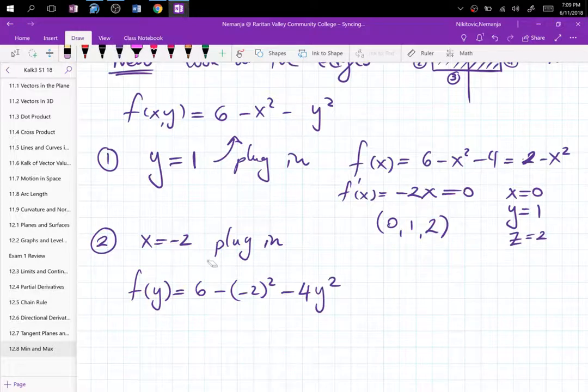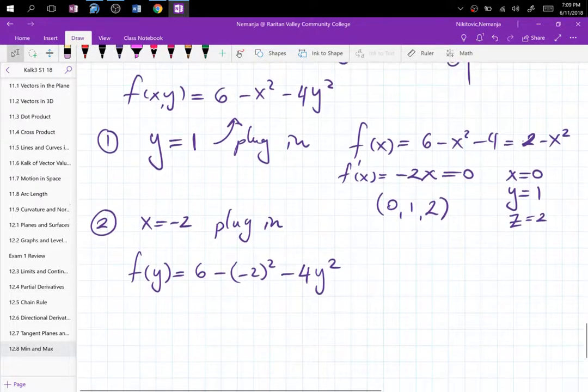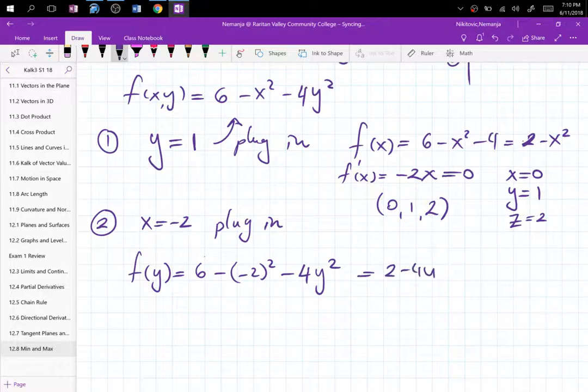That's a 4, not a 6. And now when you solve this, 6 minus 4 is 2 minus 4y squared. f prime of y is going to be negative 8y, set it equal to 0.